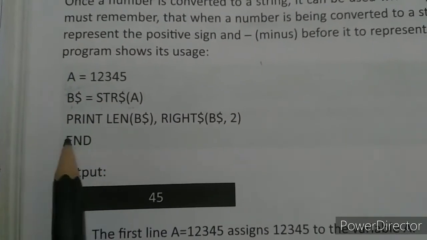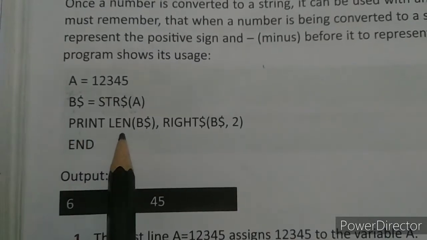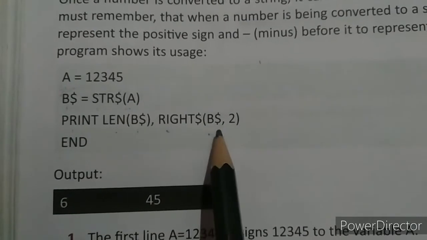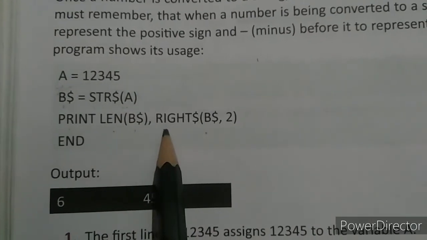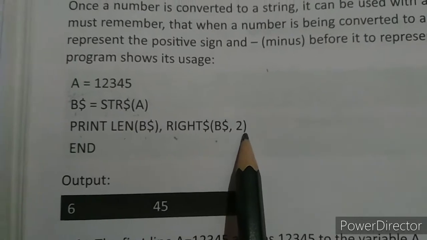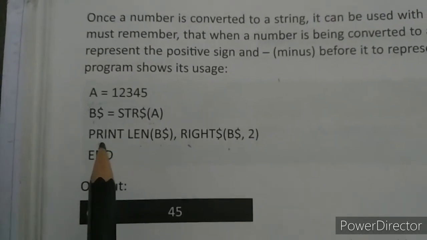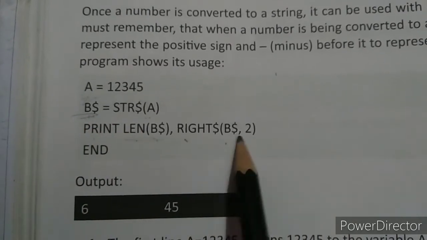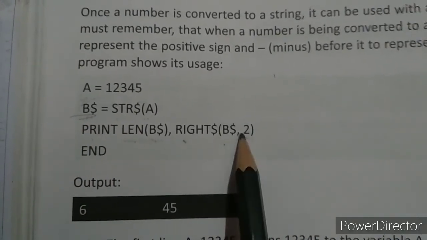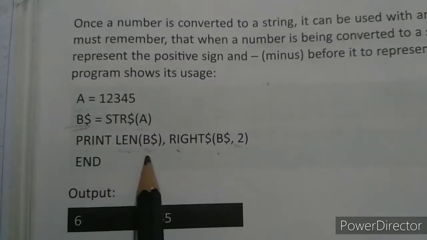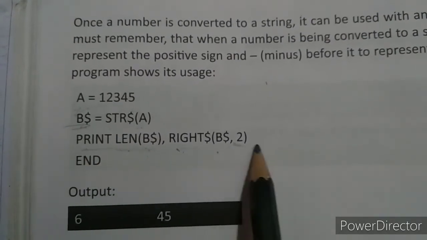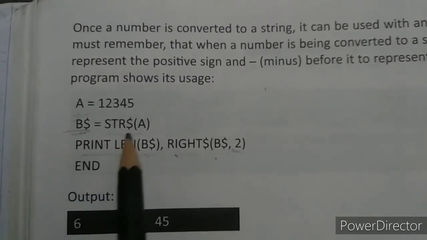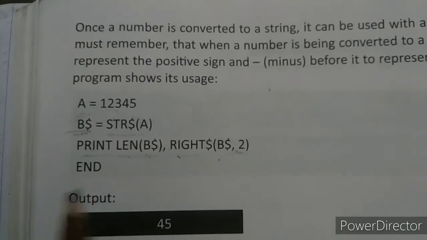Now in the next step we will print it: PRINT LEN(B$), RIGHT$(B$,2). Here you can see we have used the length function for B$ and the RIGHT$ function for B$. If it is converted into a string, these functions will work because they work for strings. And here using the STR$ function we have already converted it into a string.